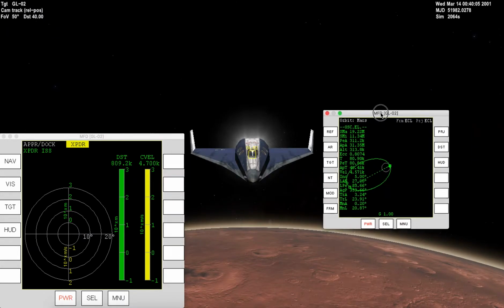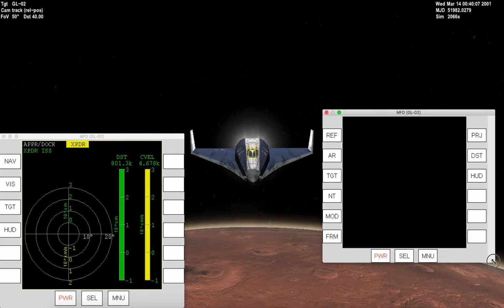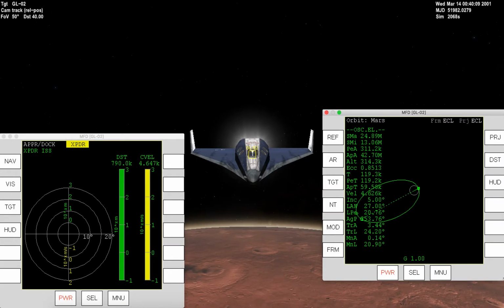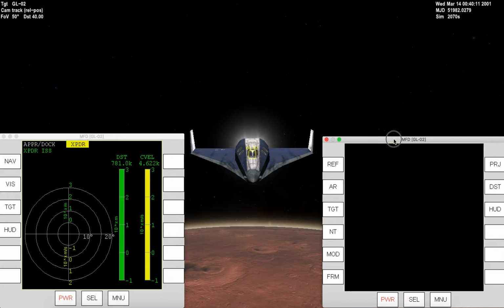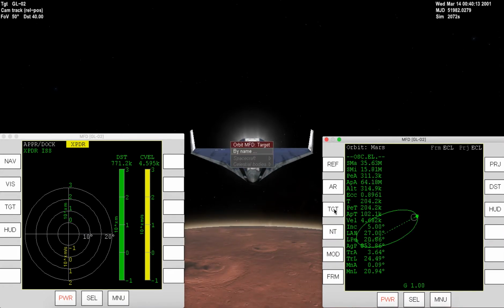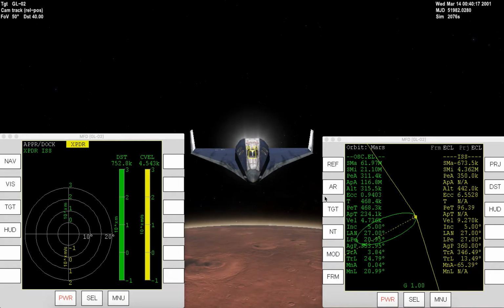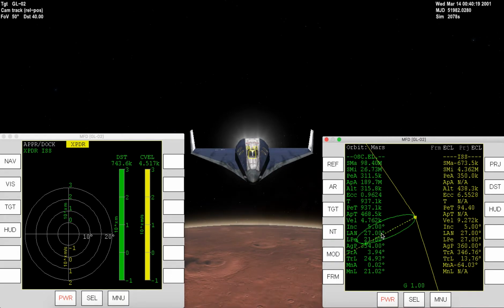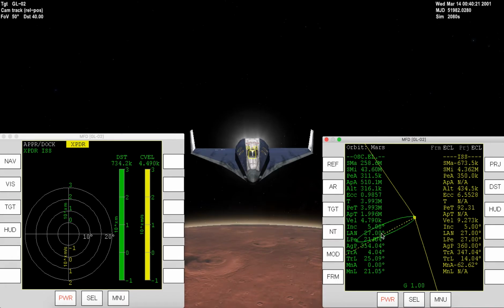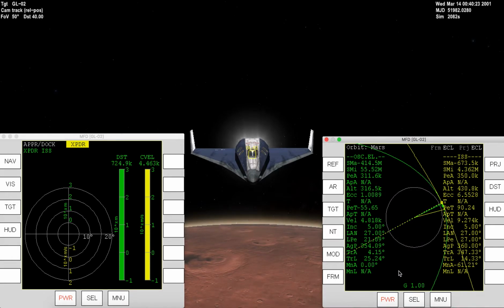Orbit MFD is just fine. Put that down here. Target the ISS. And once we go into a hyperbolic state, we'll see that our green line is here.